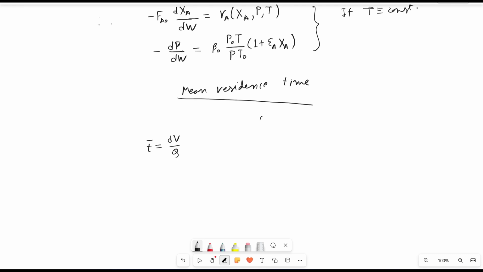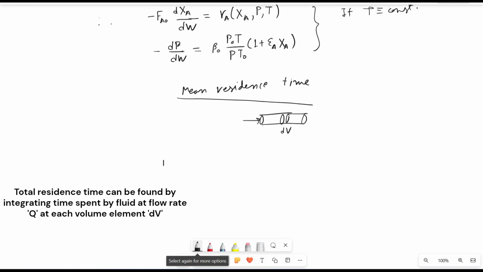Suppose this is the plug flow reactor, and in this volume dV, it has volumetric flow rate Q. Now, the mean residence time is the time spent by the fluid parcel of volume dV inside the reactor. The mean residence time dt bar can be easily found by dV by Q, that is the time spent in the dV volume by the fluid.